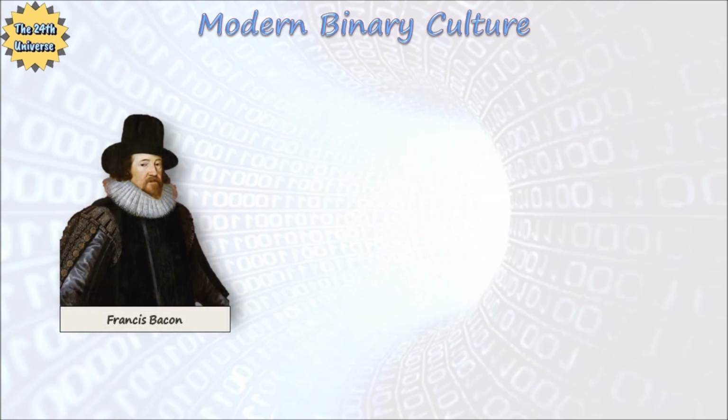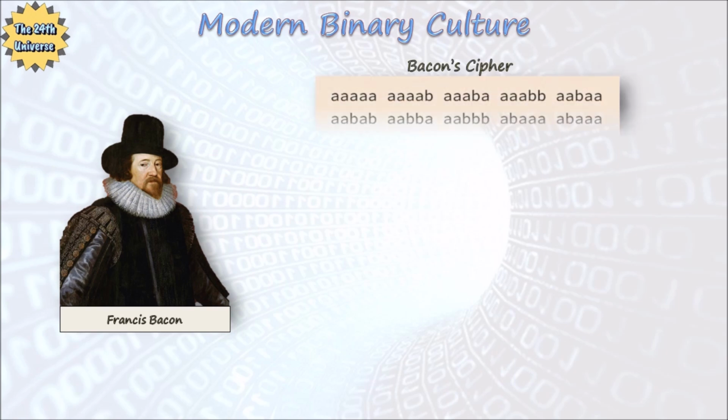In 1605, Francis Bacon, an English philosopher and scientist, discussed a system whereby letters of the alphabet could be reduced to sequences of binary digits, which could then be encoded as scarcely visible variations in the font in any random text. They are now called Bacon's cipher.